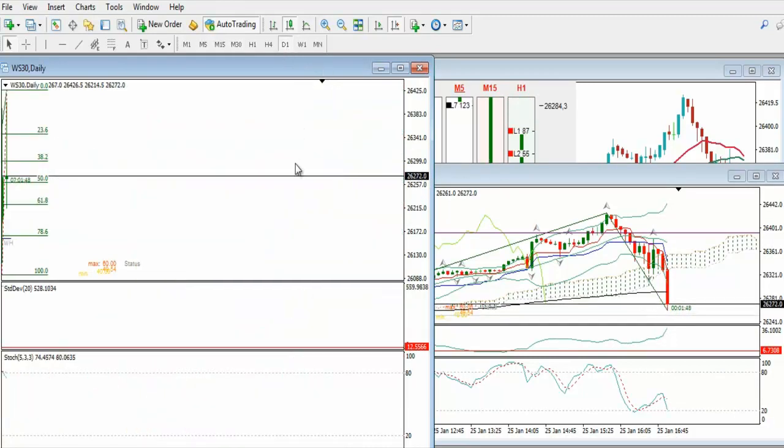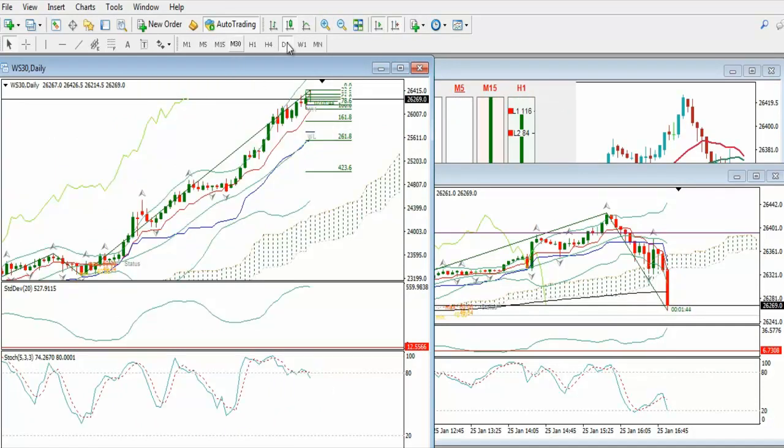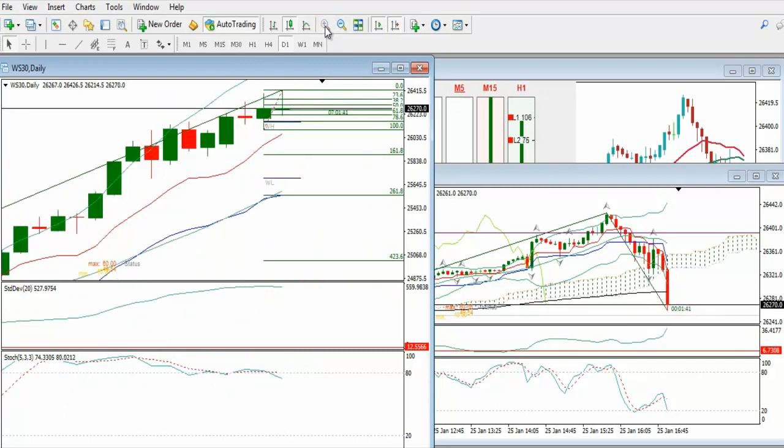The daily analysis of the Wall Street, let's have a look. As you can see here, we had a higher high, and I believe we may go even higher.